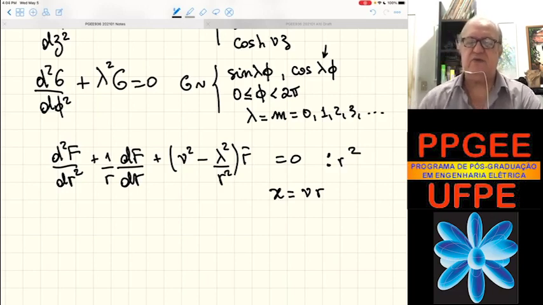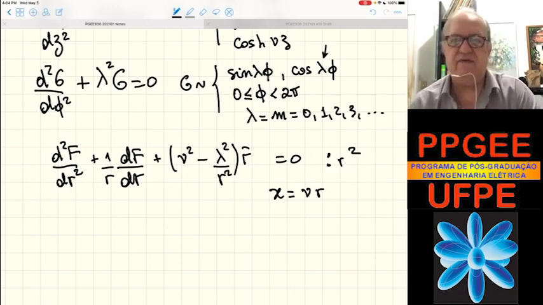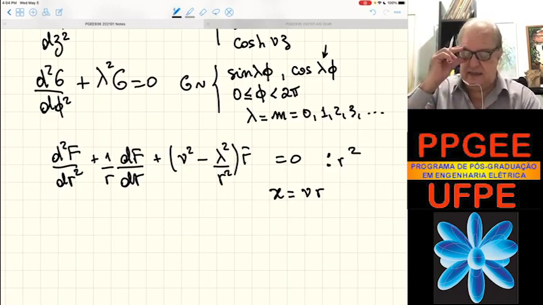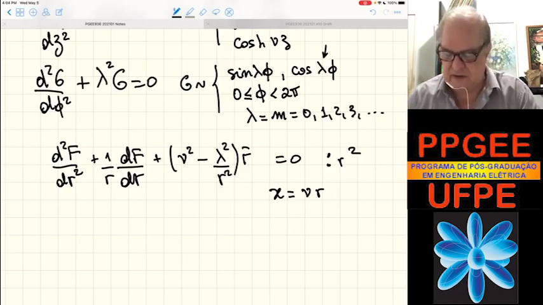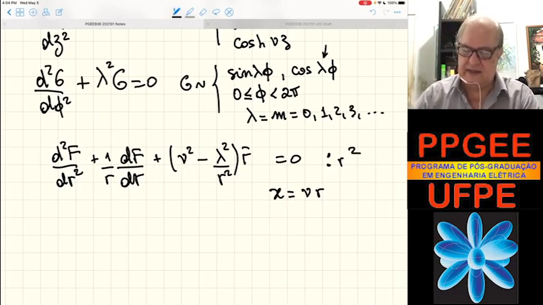Instead of x, we should use a different letter, right? Something like u. So it would never be confused with coordinates in the x, y, z system. But then it would mix with the UVW system. So sometimes it's difficult to find those additional letters. So let's keep with the x.